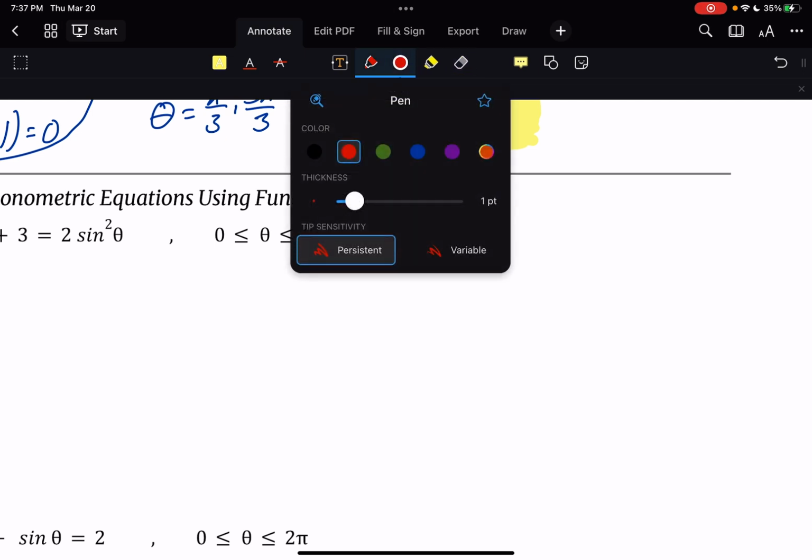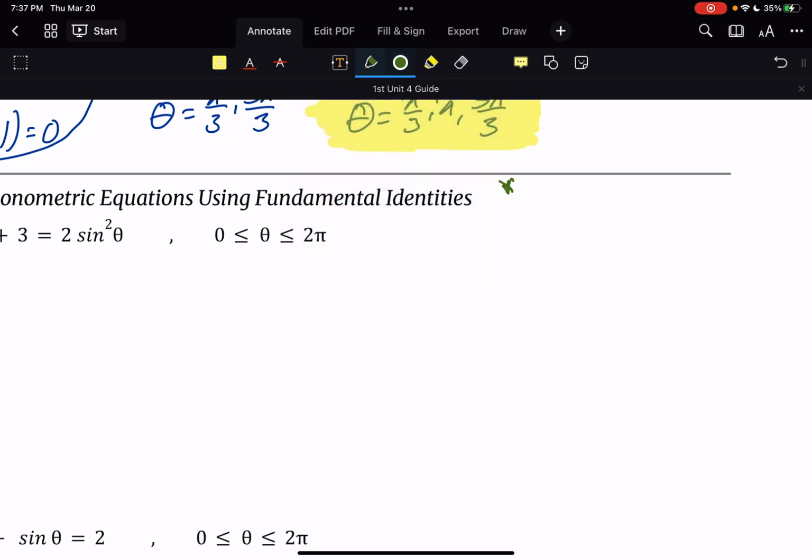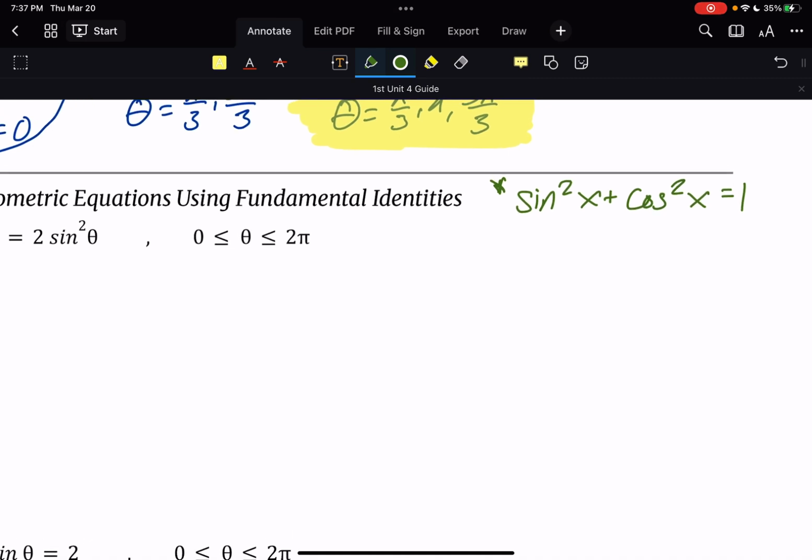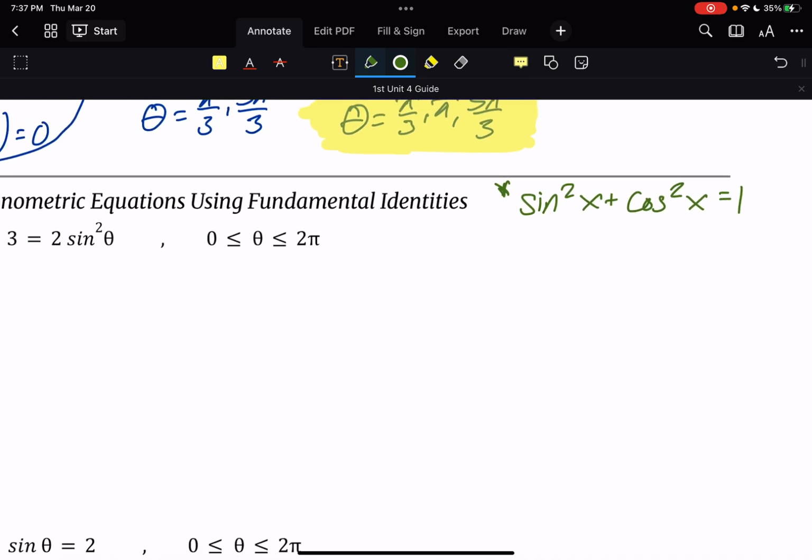So that's where the identity that we talked about, sine squared plus cosine squared is equal to 1, comes into play. Because if I look at this identity, I can isolate sine squared by subtracting cosine squared.